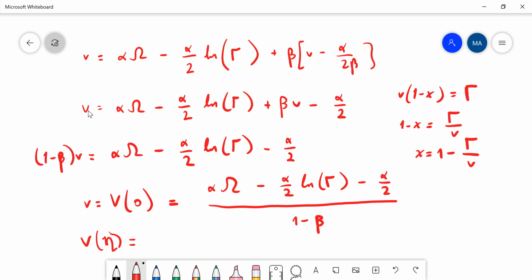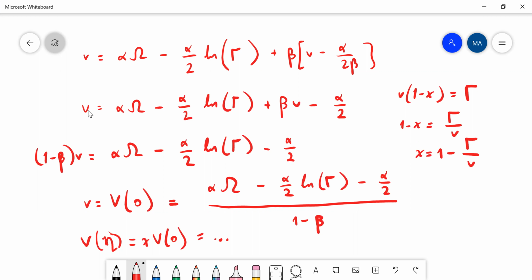V eta is equal to x times V0. So you have that. Okay. Then you got it.